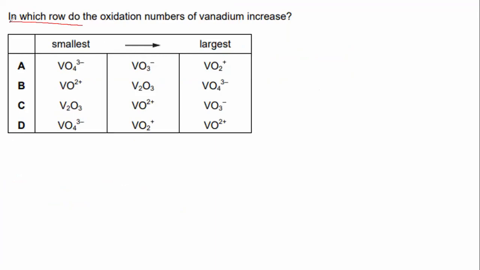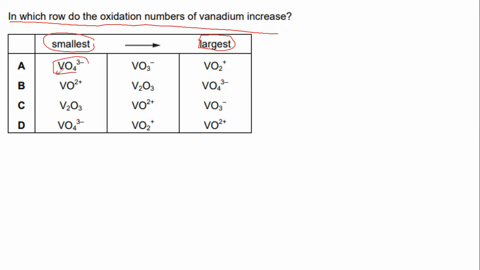In which row does the oxidation number of vanadium increase? We are going from the smallest oxidation number to the largest oxidation number. Right, look guys, as we said, oxygen is always -2.